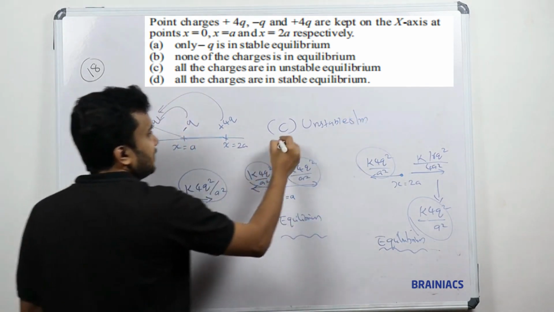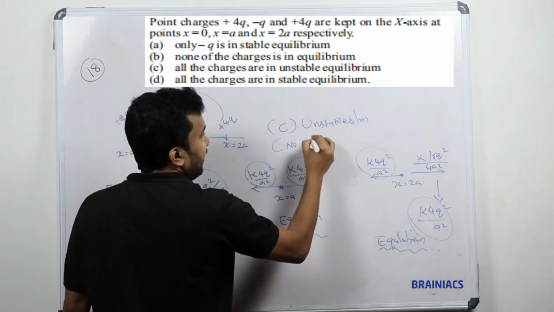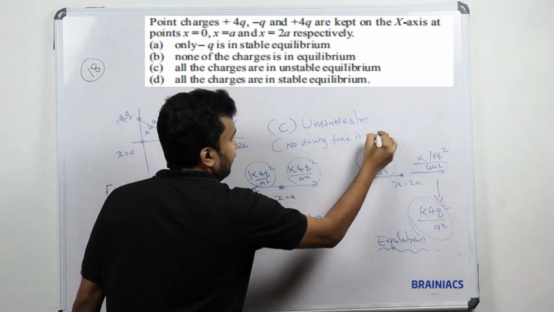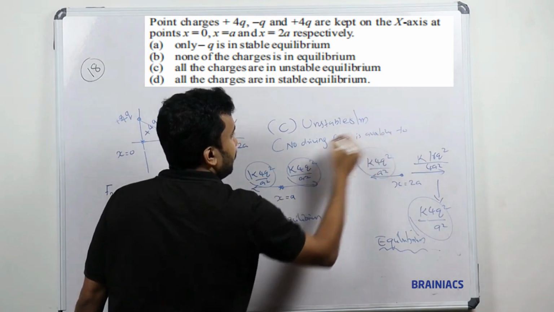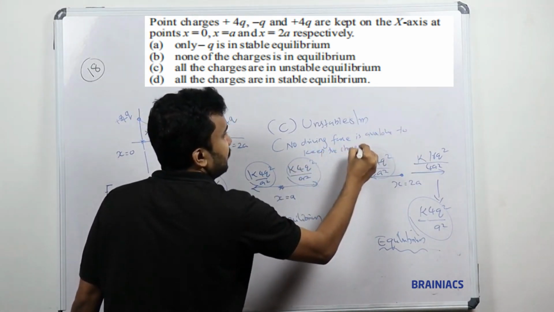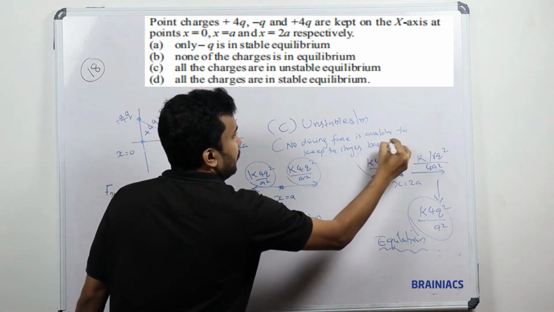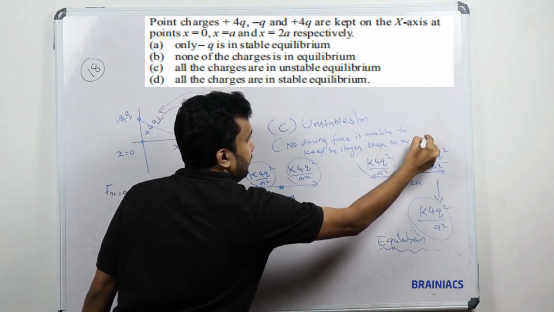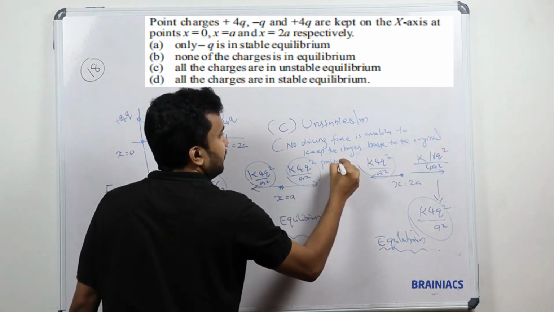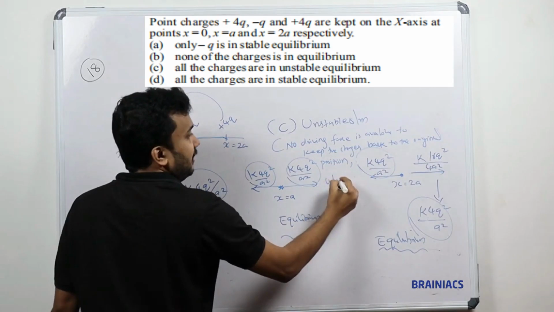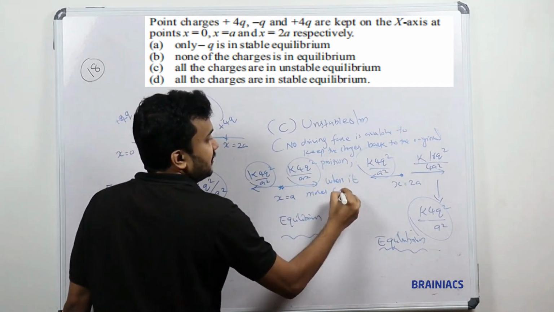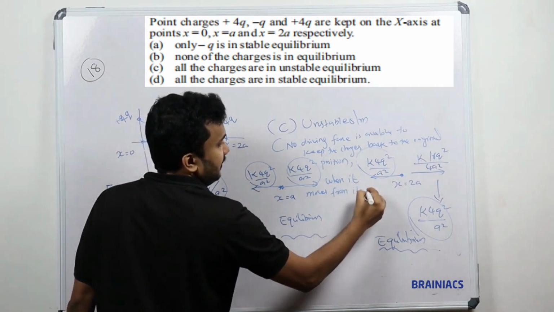Why is it an unstable system? We will write: no driving force is available to keep the charges back to the original position when it moves from its initial position.